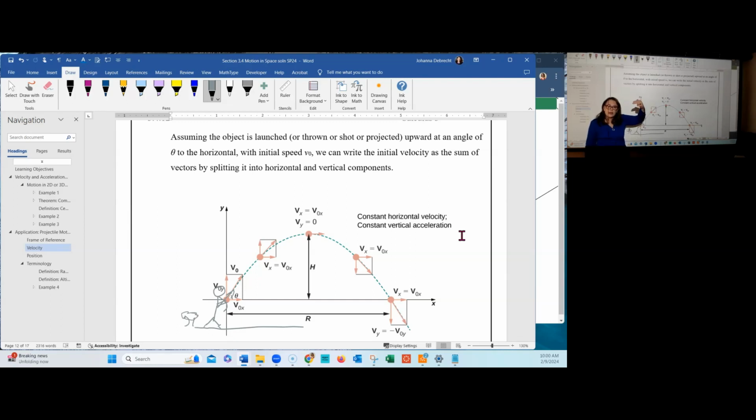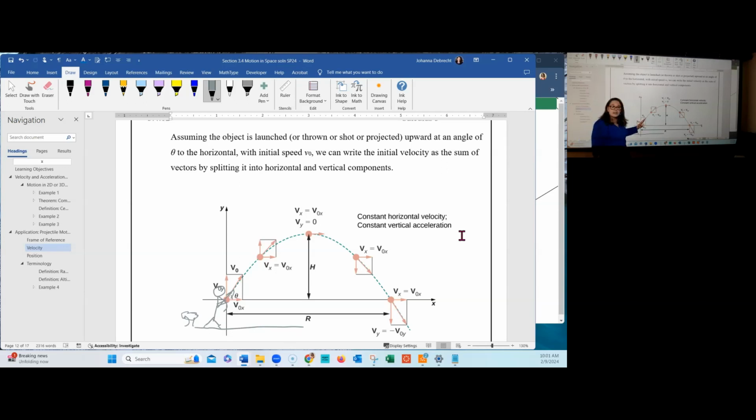Because it's not moving up but hasn't begun to fall, the velocity in the y direction at that one instant is 0. But at every point, neglecting air resistance again, we can assume that the velocity in the horizontal direction is always that initial velocity in the x direction, v naught x.